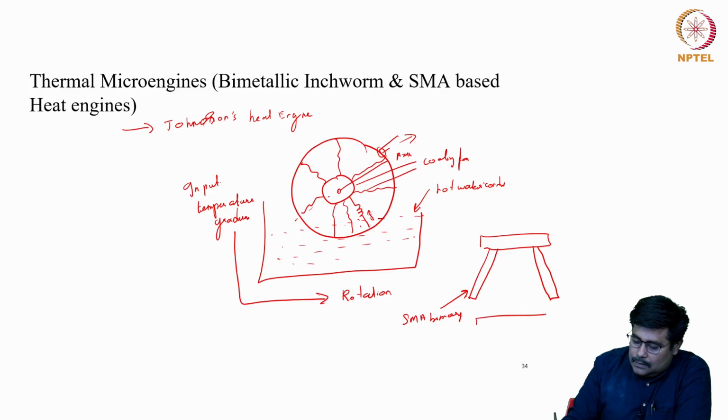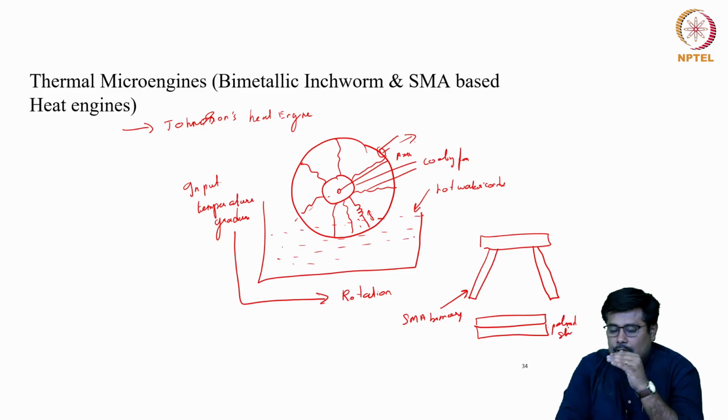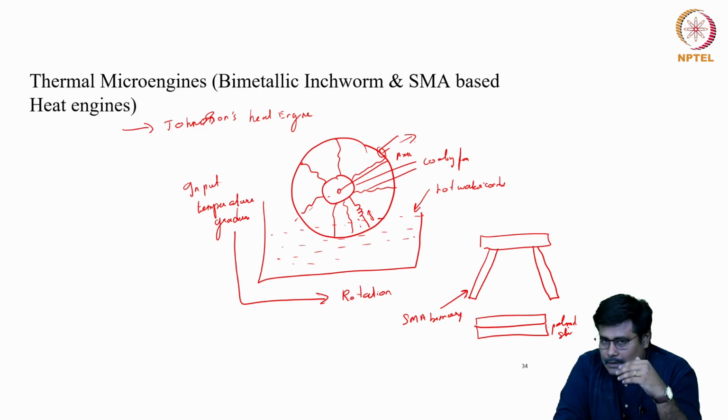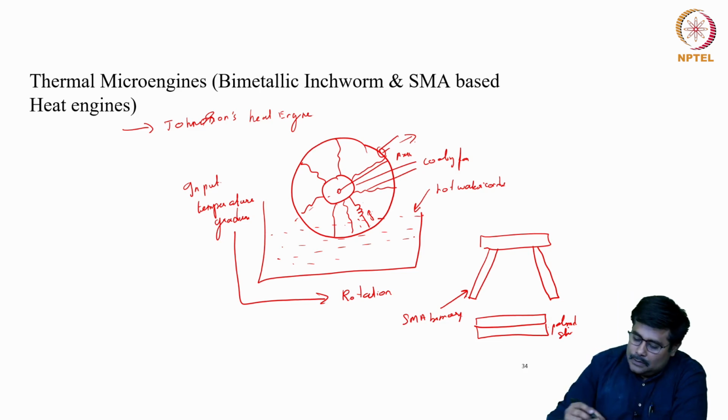As we have seen, the SMA bimorph has a thin film integrated with a polyamide structure, so that when the actuation happens, this polyamide structure gets actuated and appropriately we can get a displacement. So, this is going to be a kind of SMA bimorph.